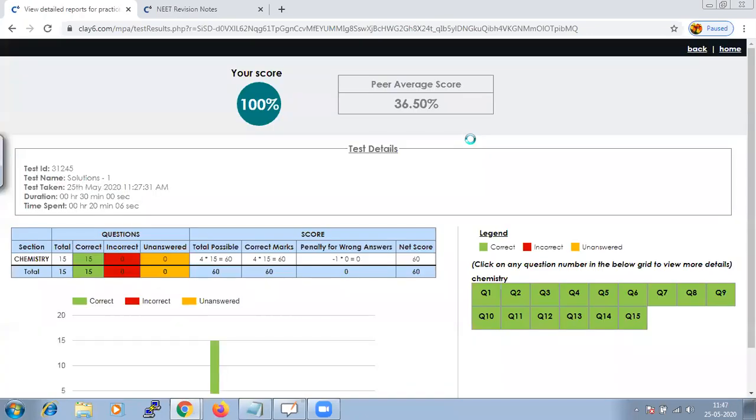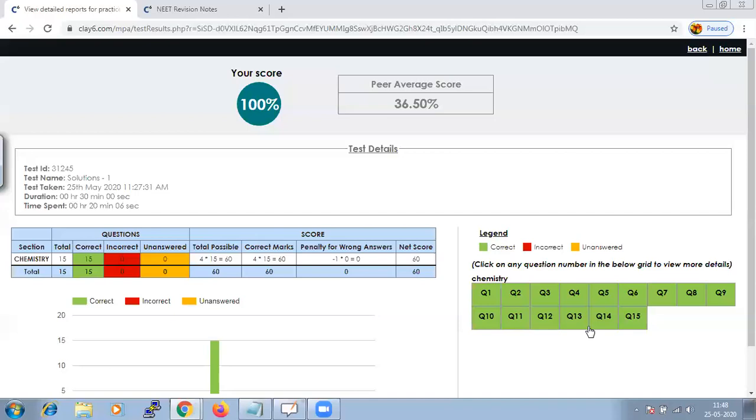Since we have answered all the questions correctly, all the 15 questions are indicated in green color. If you give any answer wrong, it would be indicated in red color. And if we leave any question unanswered, that is we do not attempt it, then the color will be orange.